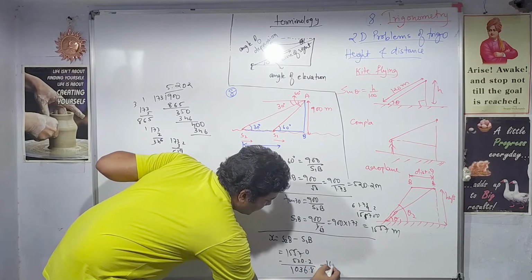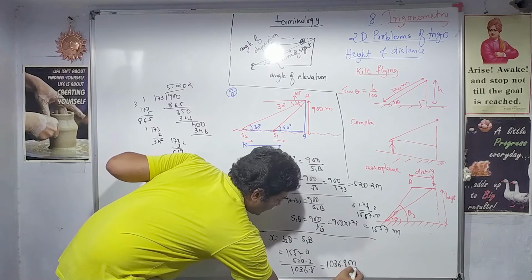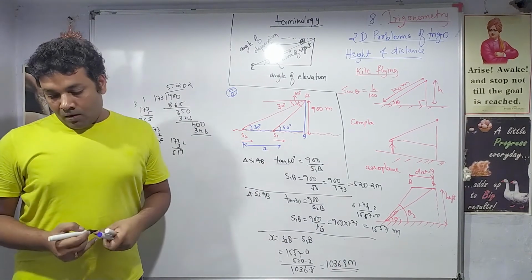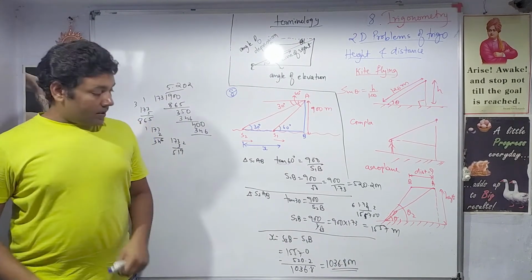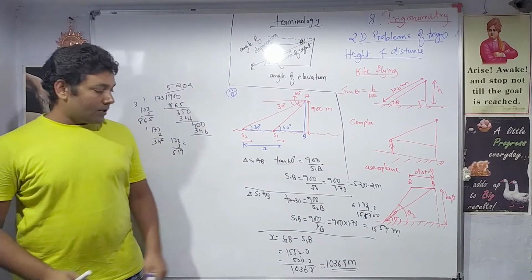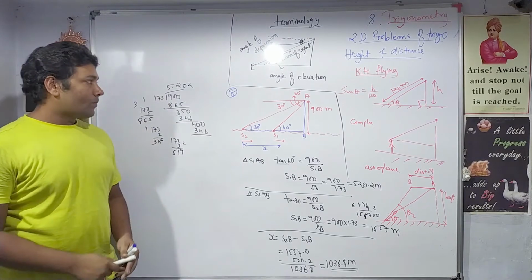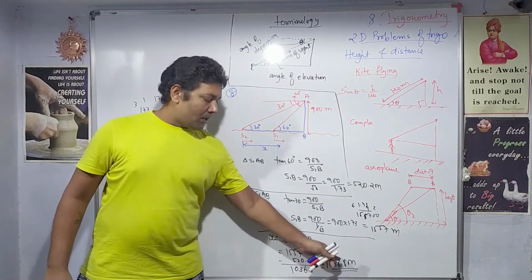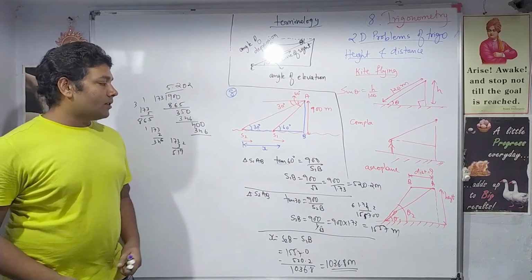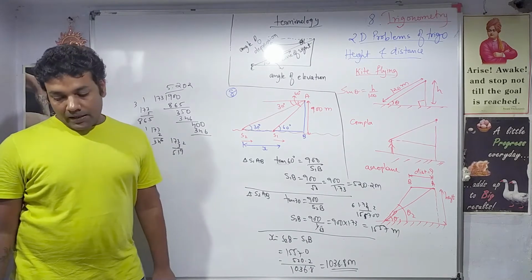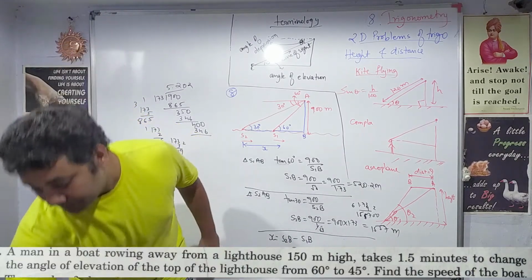So answer should be 1036.8 meters. It is a perfect answer, or it may be close somewhere. It is considered correct. Then the next question, number 9.